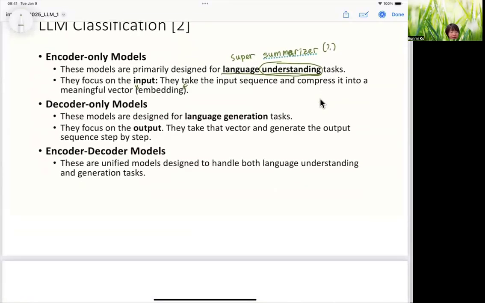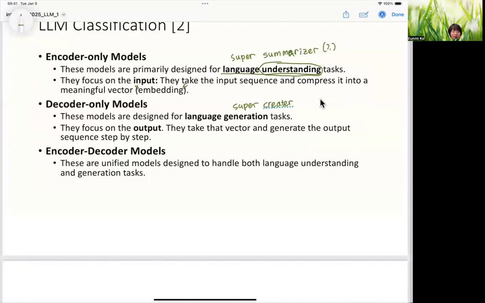If a model is a decoder-only model, then these models are designed for language generation tasks. So in this case, it's a super creator. They focus on output, so they take the vector and generate the output sequence step by step.